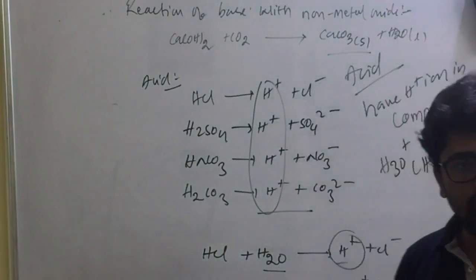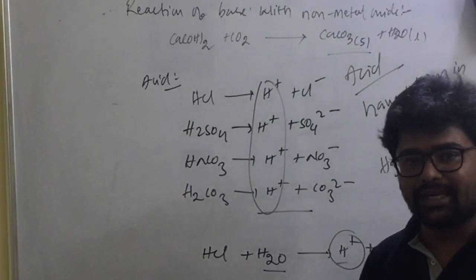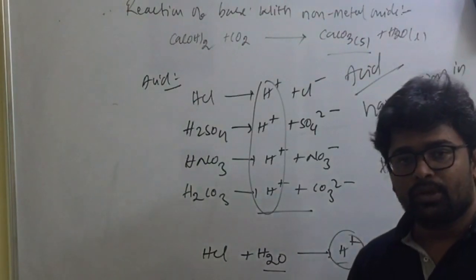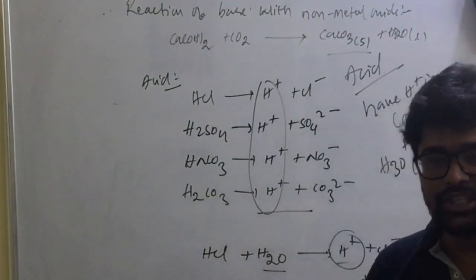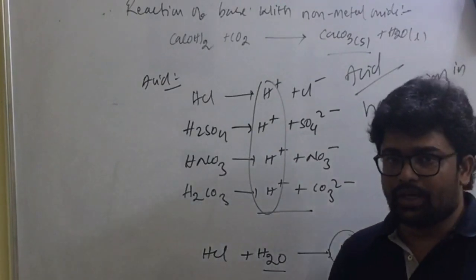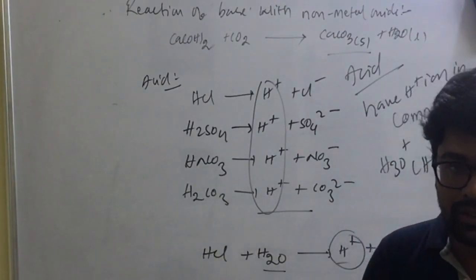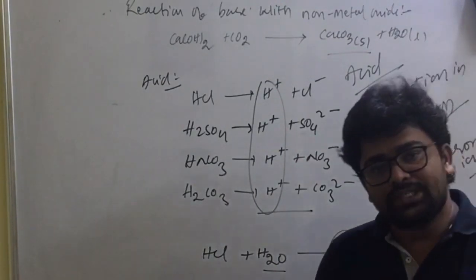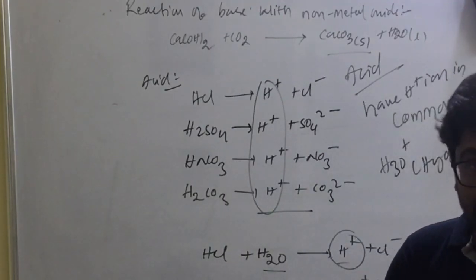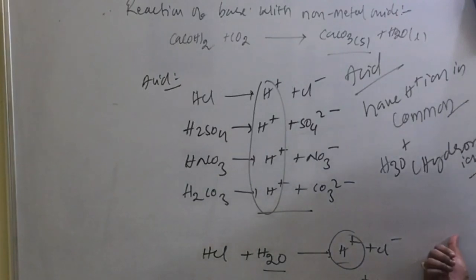Activity 7 will tell you whether acids conduct electricity, and Activity 8 says whether acids produce H+ ions in aqueous solution. Please go through those activities. So what do acids have in common? H+ ions. And when do these acids release H+ ions? In aqueous solution, and they are present as hydronium ions.